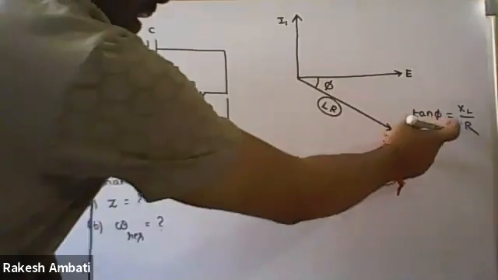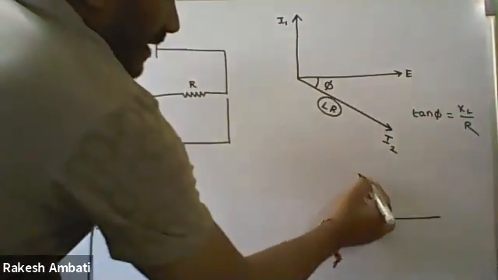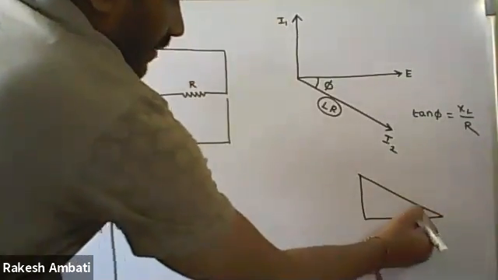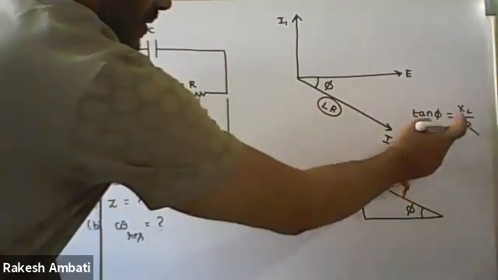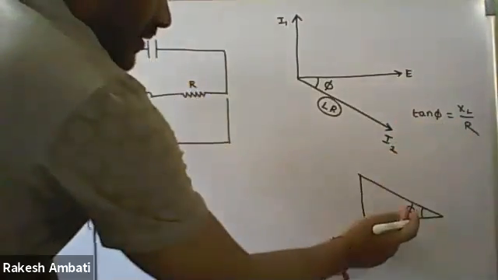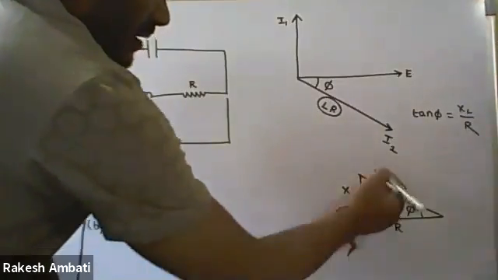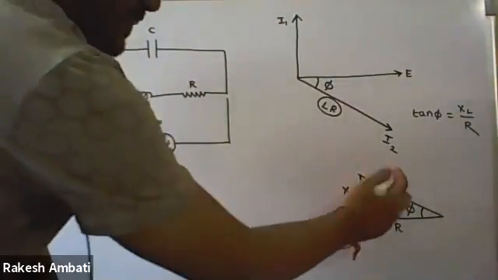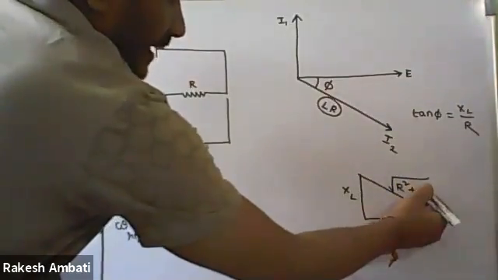By using tan phi equal to XL upon R, let us construct a triangle. Tan phi means opposite upon adjacent, so opposite is XL and adjacent is R. The hypotenuse, according to Pythagoras theorem, is root over R square plus XL square.